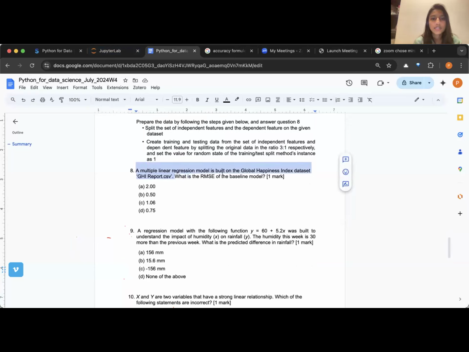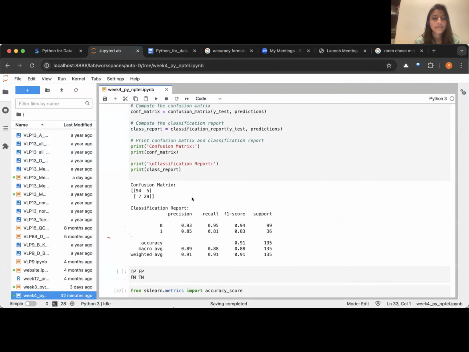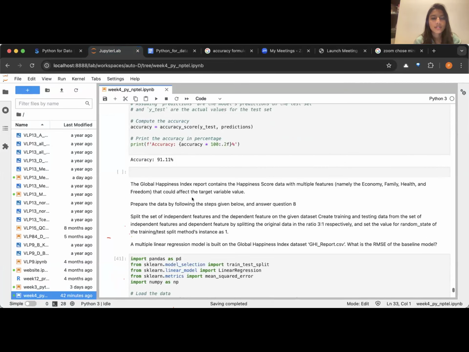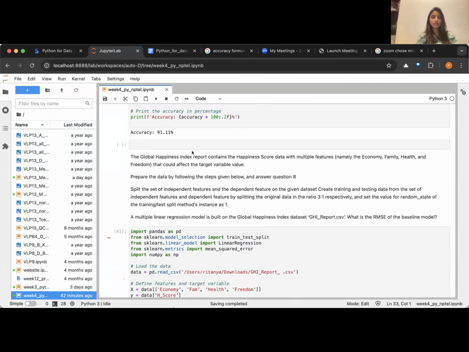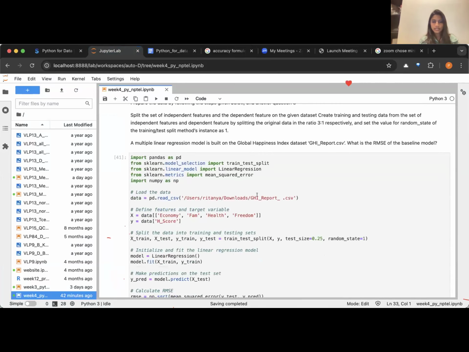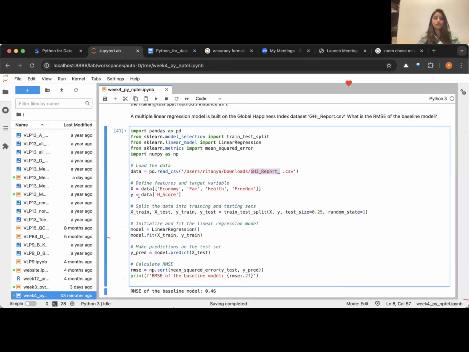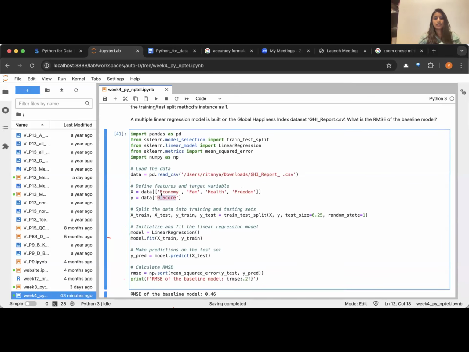So you read the file, what is the RMSE? I'm reading the Global Happiness Index report. So why am I splitting it as H score?